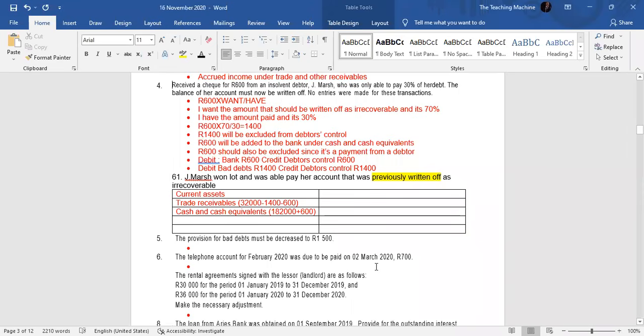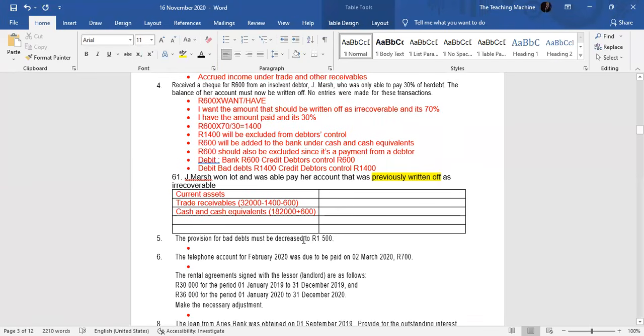The provision for bad debt must be decreased to 1.5. So if we are doing the statement of comprehensive income, the difference between the provision for bad debt on the adjustment and the provision for bad debt given on the trial balance will be treated as an income. But now we are doing the statement of financial position.